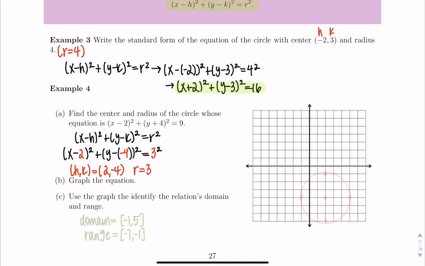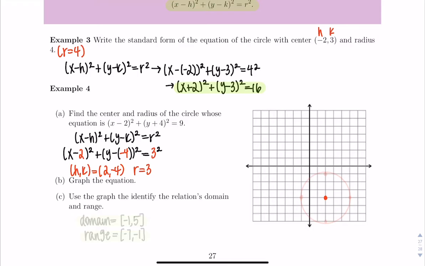So let's go ahead and graph this equation. So our center is 2, -4, so we need to plot this first. And so the radius tells you how far you go out from the center to hit any point on the circle.